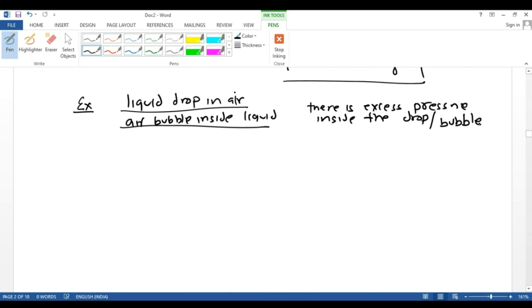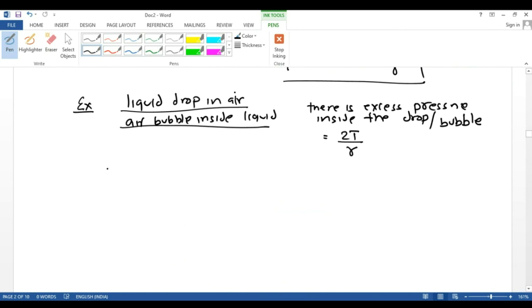It doesn't matter whether you have air in the drop and liquid outside, or liquid in the drop and air outside, the pressure inside that sphere is going to be more than the pressure outside. And by how much? It is equal to 2T divided by R.